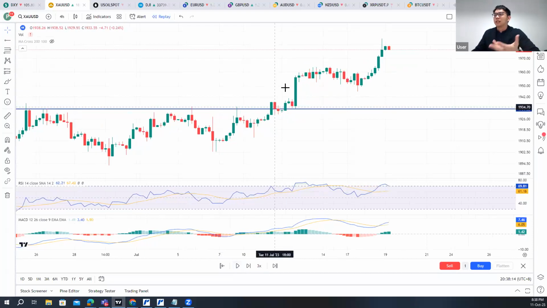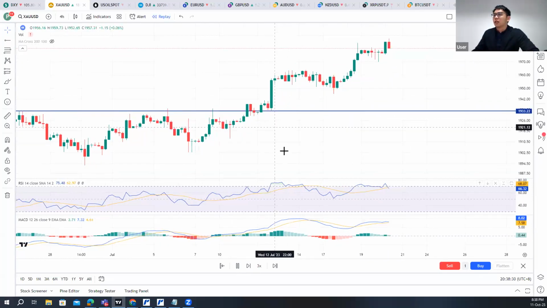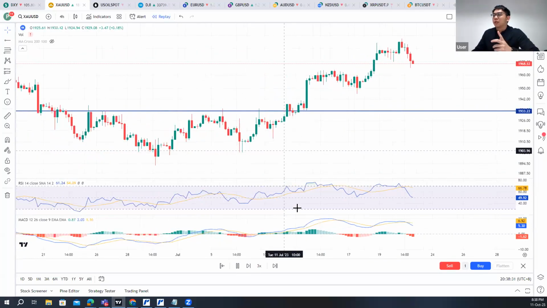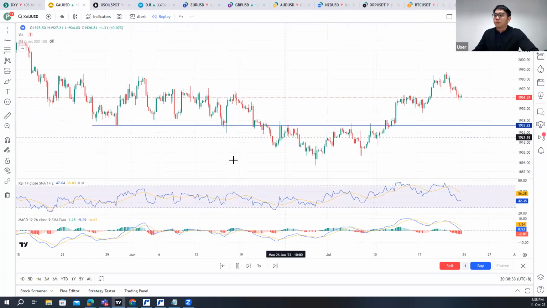And see what happened. Yes, this is a very successful pullback strategy. When you see that it no longer breaks below this level and goes up, we can enter anytime from here, and then we can enjoy it. And of course, we need to set a TP and also a stop loss.